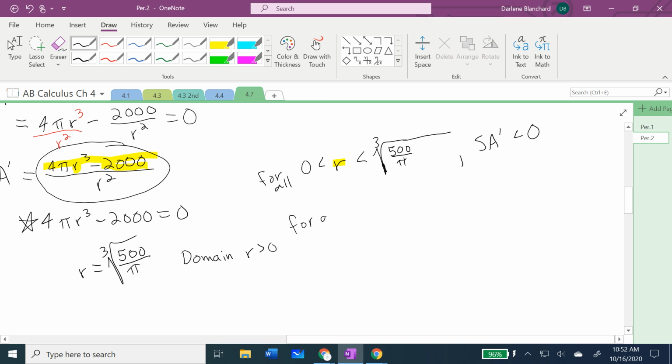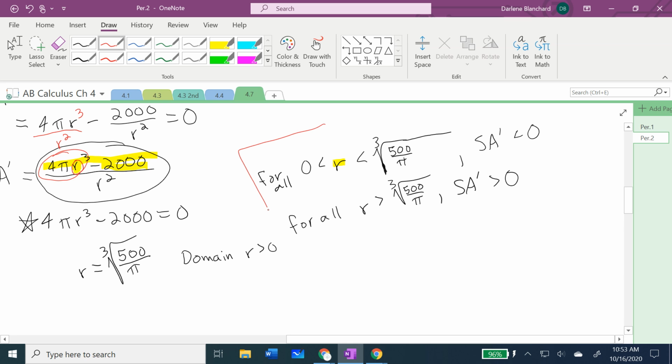And then for all R greater than that critical number, the rate of change of surface area is positive, and you can double check because if R is just anything larger than that number, just imagine ridiculously large. Can I get this term to be larger than 2000 if I have no boundary to how big I make R? Yeah, so I'm good there.